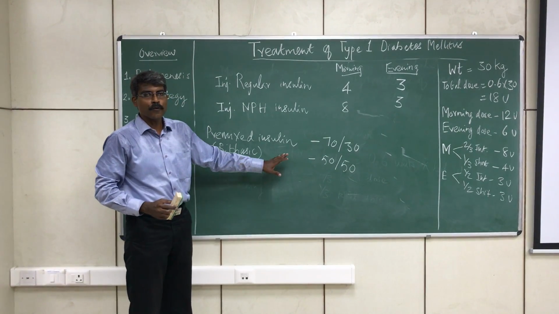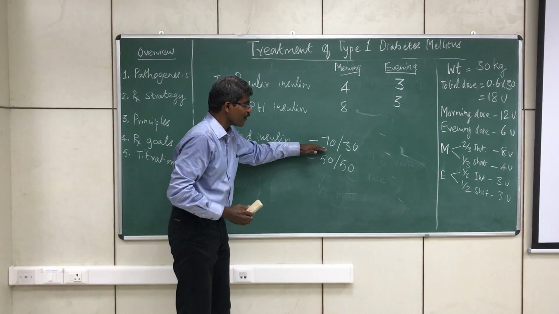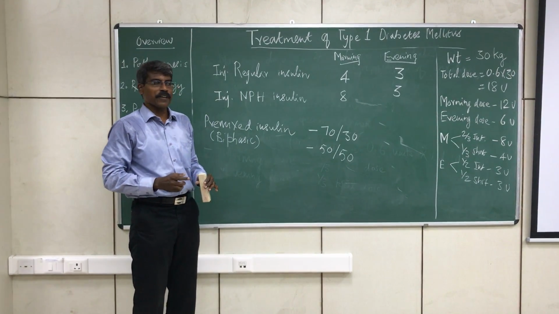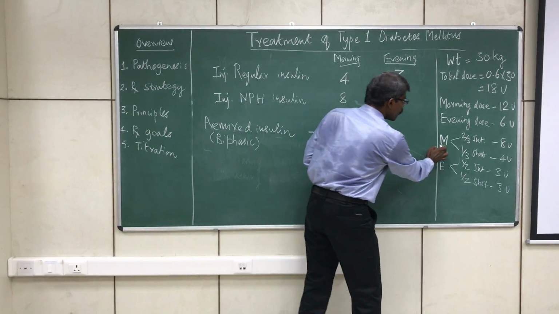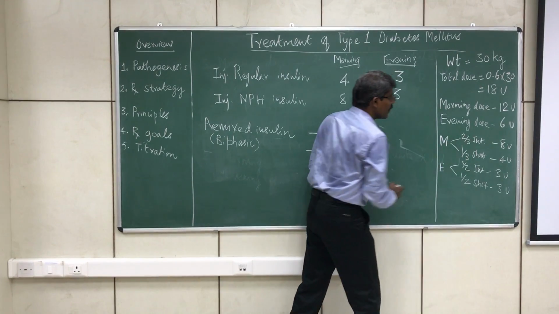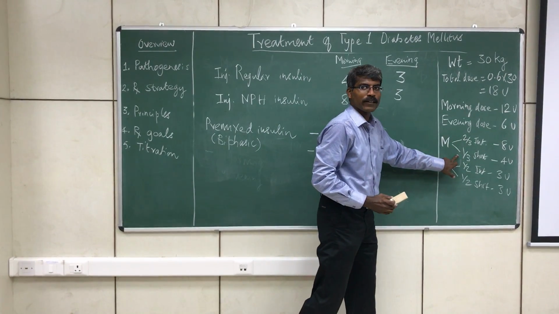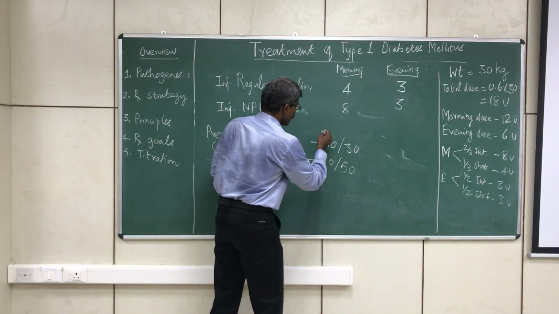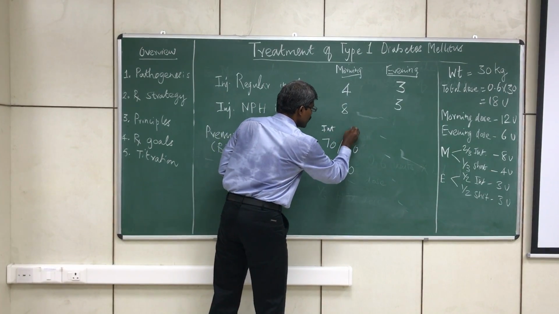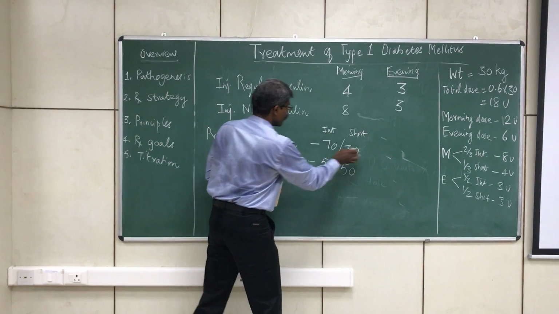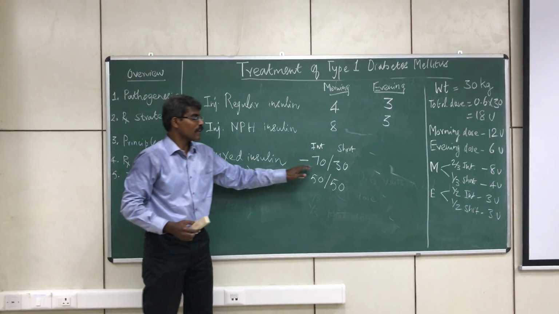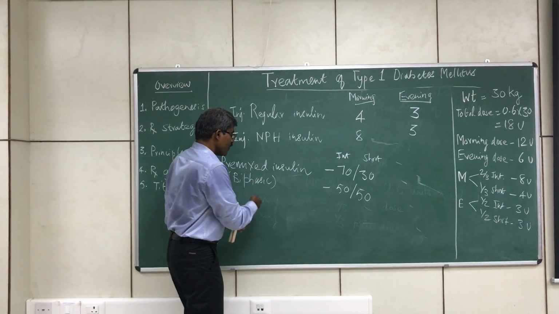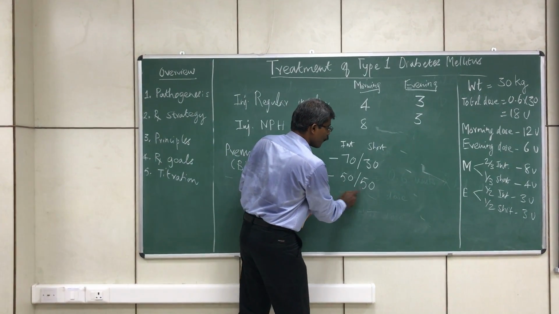Now if you ask why they are available in this 70/30 and 50/50 ratio, the rationale is very much linked to here. If you look at the morning dose, 2/3 is intermediate acting and 1/3 is short acting, isn't it? That's why this ratio of 70/30 of intermediate acting and short acting is available. So this premixed insulin of 70-30 is used for the morning dose, and we have another premixed insulin of 50-50.